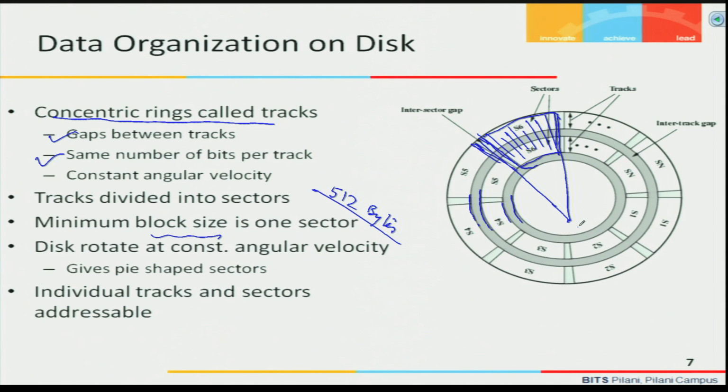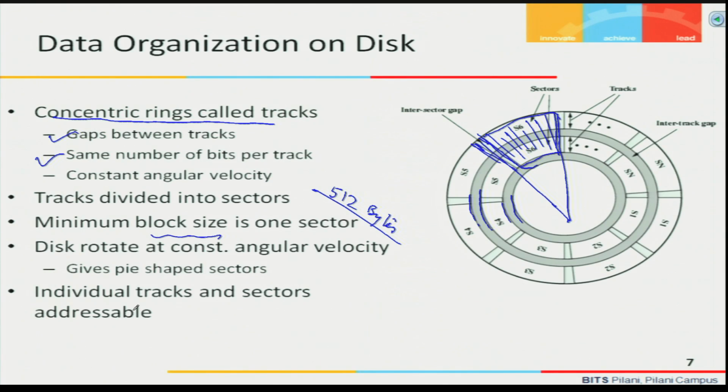Directly the head reaches the track out of these thousands of tracks, and then the disk rotates such that the required sector on that track comes under the head, and then that sector can be read in sequence. Out of 512 bytes, the bytes will be read one by one from that sector.